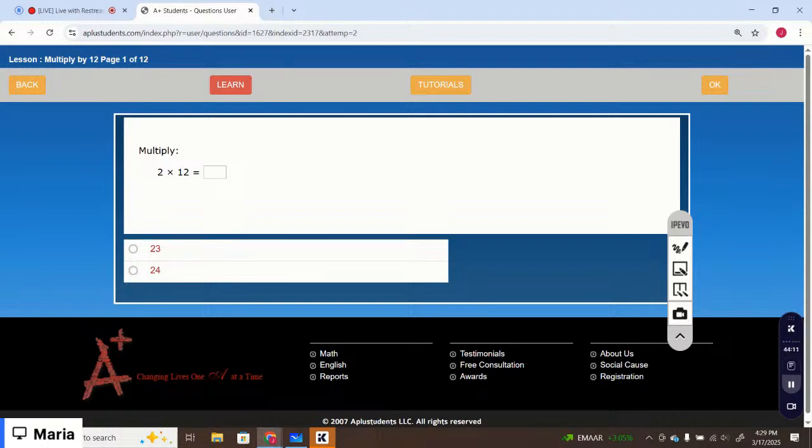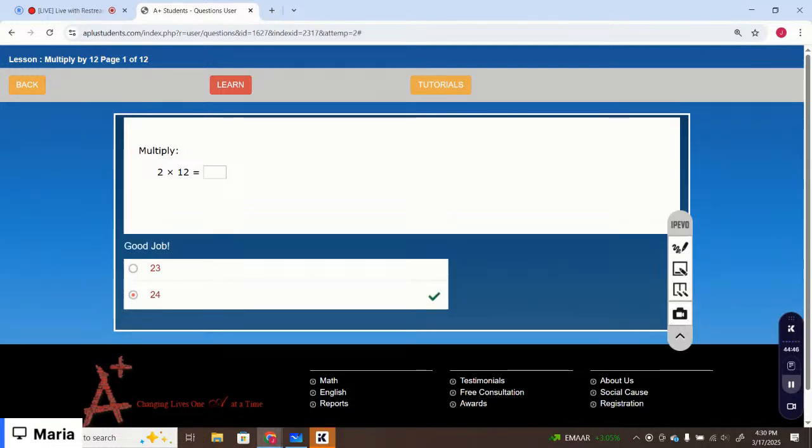Twelve times 2 is 24. 12 times 2 is 24. Option number 2 is the correct option.